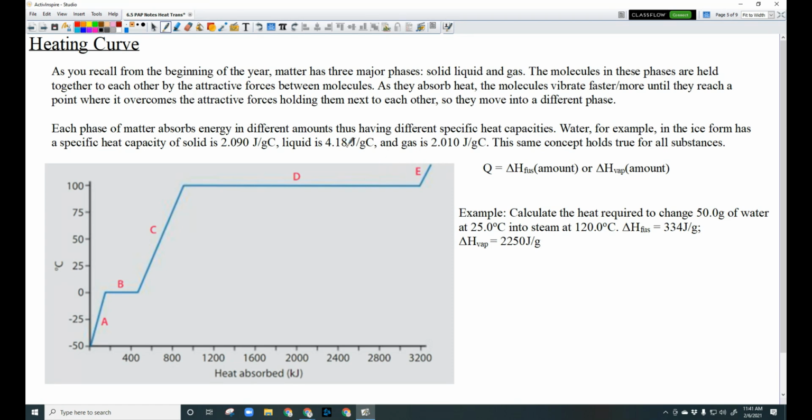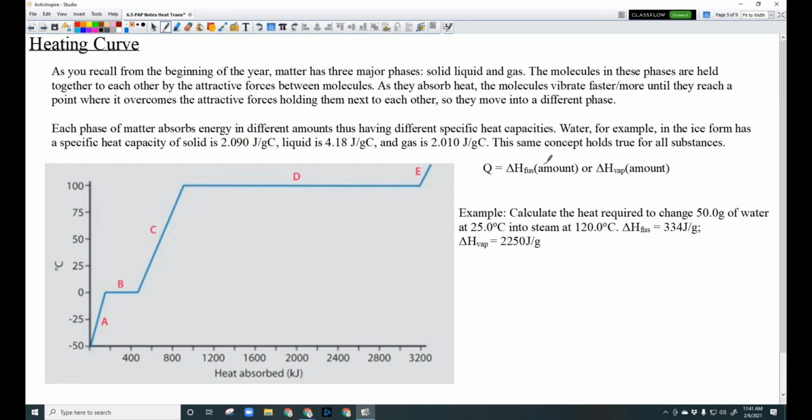Now, I know a lot of people jump in the water on spring break, but that's still a little too cold. And then when it reaches the gas phase, it has about the same heat capacity as ice. So steam heats up really well. Okay, so it's just the liquid water phase where those attractive forces between the molecules are really strong.